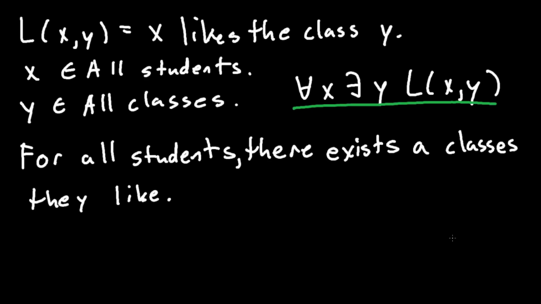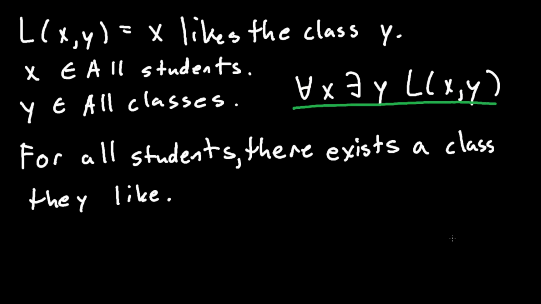There's many ways you can write it down, but take a look at the sentence. We're basically saying every single student has one class that they like, right? That's what this quantified statement says with the statement L of x, y here. So the predicate, sorry, says x likes the class y. Okay, maybe I should have said that earlier. Hopefully you read that at the beginning. But for all students, there exists a class.